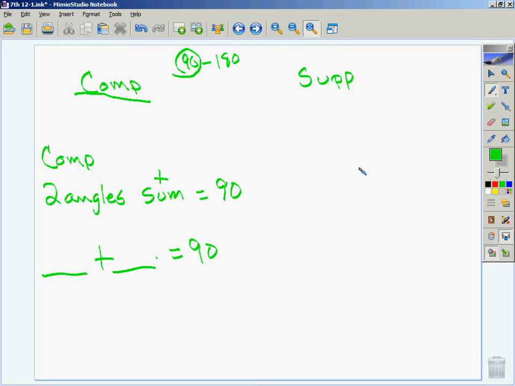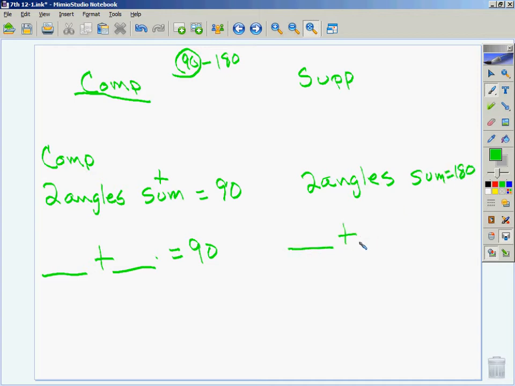Would it be something that we need to remember? You should be able to identify complement, supplement, adjacent, vertical. We're going to be able to calculate with complement and supplement and vertical. So complement means two things that are added together that equals what? 90. Supplement means two angles whose sum is what? 180.